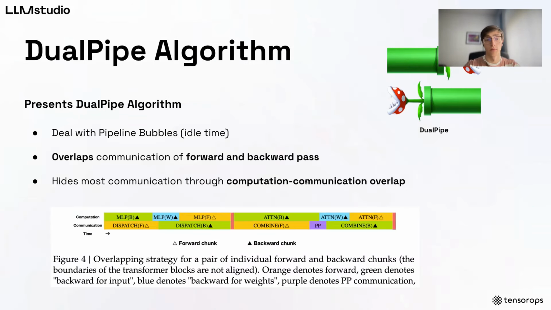Another thing they do, and which I think is really amazing and goes to show their dedication, they actually work on the communication protocol. Okay, so they go down to the detail. They present this dual pipe algorithm. Okay, I have a funny image here, but it's pretty much like this. The pipes going in opposite directions, meaning they overlap communication of forward and backward pass.